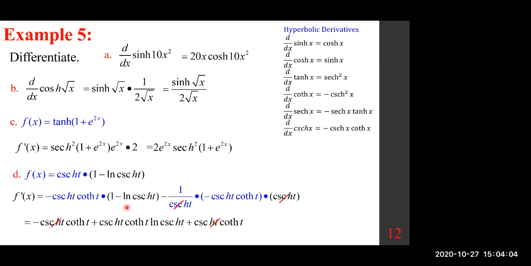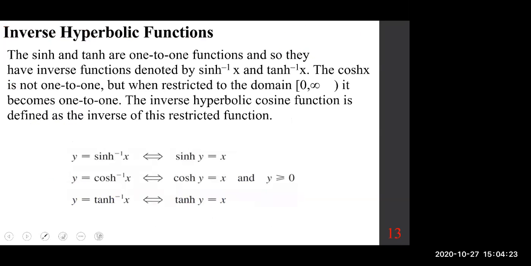Then the derivative of the parentheses: because it's a natural log, the negative sign remains, you flip it over, and you multiply by the derivative of that. And then by the product rule, times the first piece, then it's a matter of simplification. And we ended up with this answer.